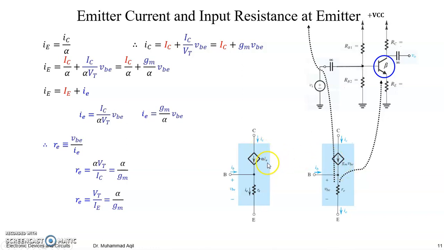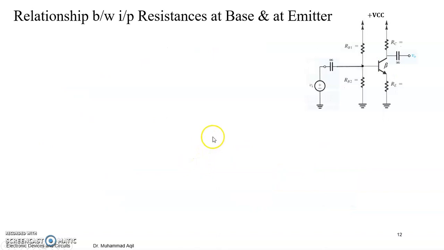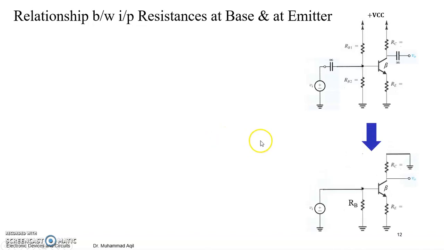So why write alpha IE? Because you are modeling the transistor by looking into the emitter. So you want to relate this output current source with the side which you are watching, right? So it would be the emitter current. We already know that collector current is related to the emitter current by a factor alpha. So alpha IE, right? So what is the relationship between these two things?